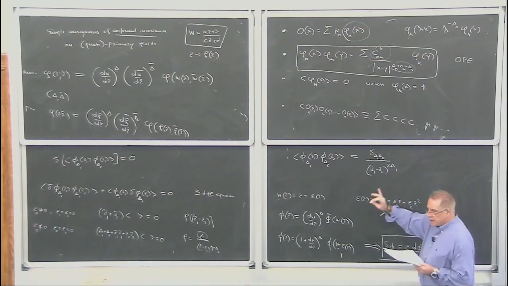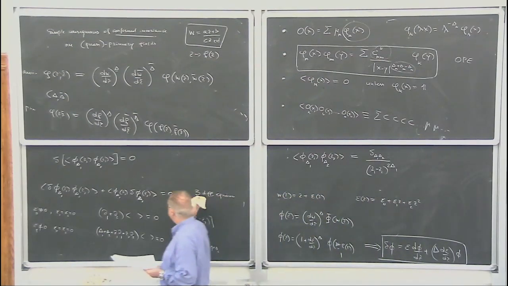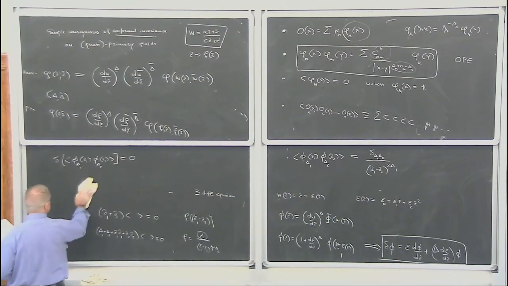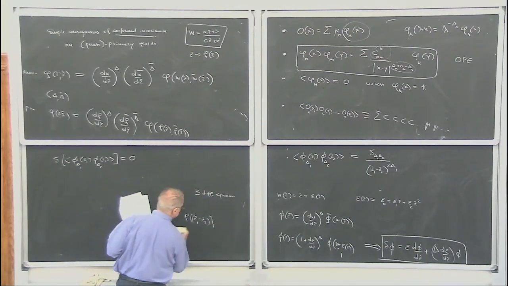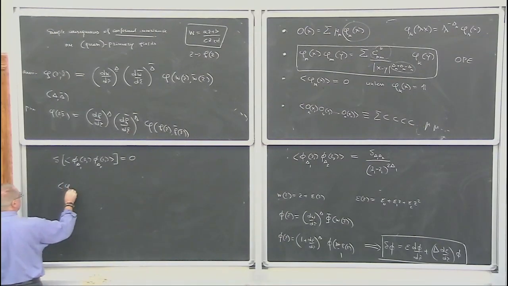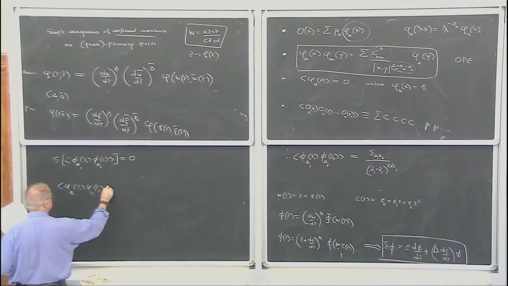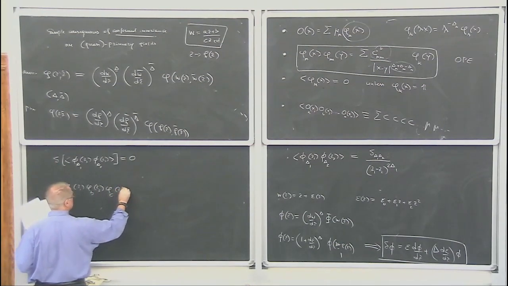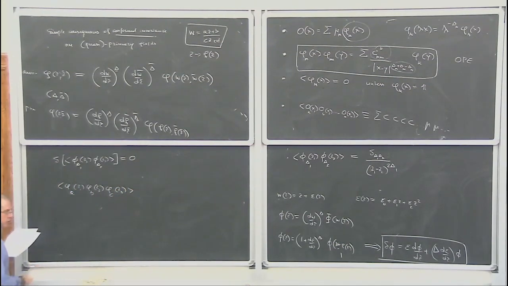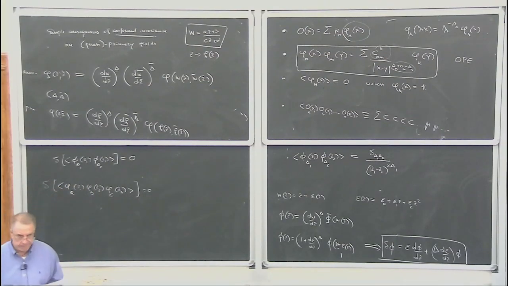Now, in exactly the same spirit, you can repeat the same exercise with the three-point function for the scaling fields. So here, once again, you impose that the variation has to be 0 because it's an invariance.